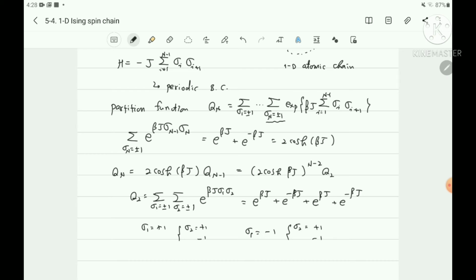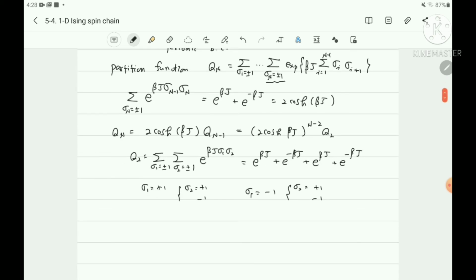Therefore, 4 terms should be considered. So Q2 is 4 cosine hyperbolic beta J.